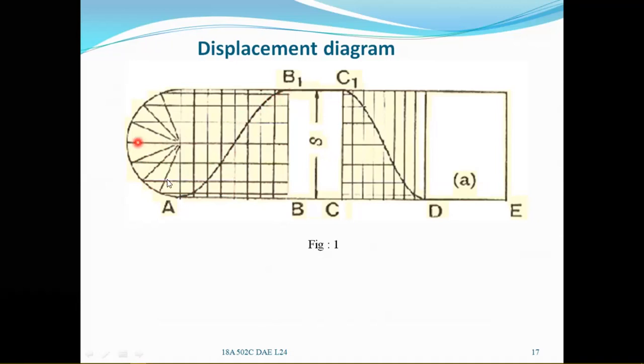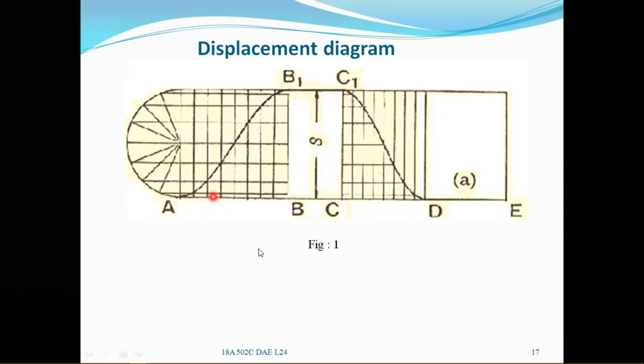After marking this, once again go to the outstroke. So this is 1, 2, 3, 4, 5, 6, 7, 8, and this horizontal projector 1 will intersect the 1 dash vertical projector at point P1 dash, and this will become P2 dash, P3 dash, P4 dash, P5 dash, P6 dash, P7 dash, and C1 or P8 dash.